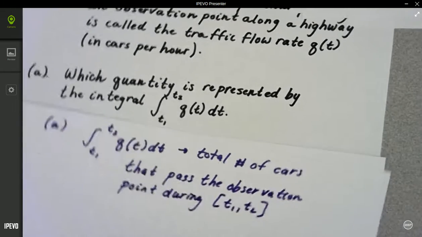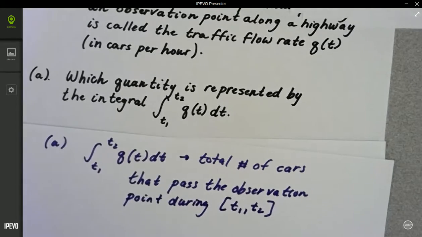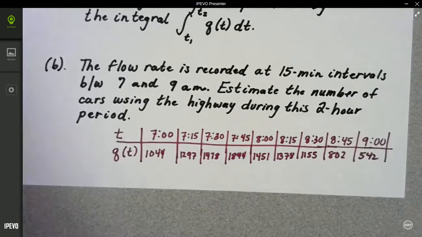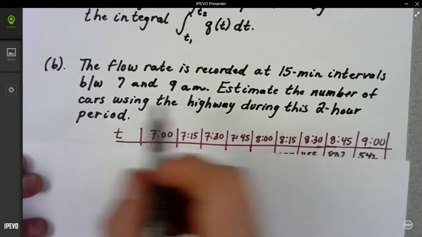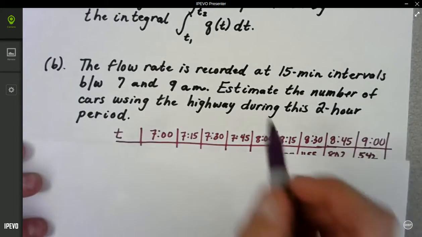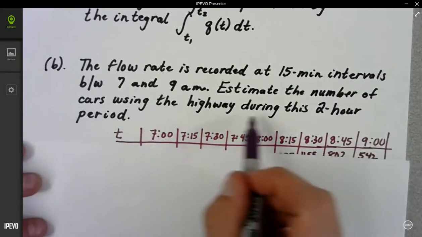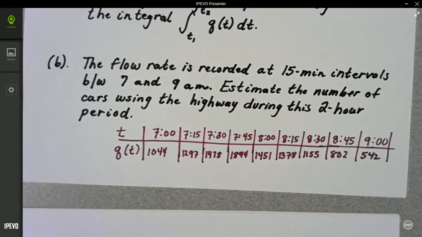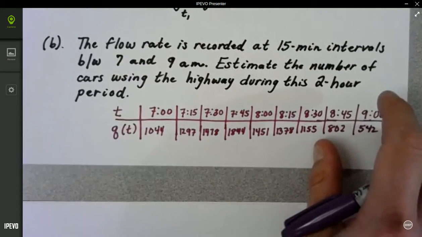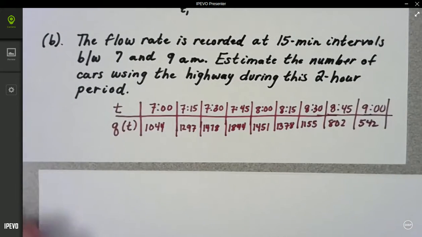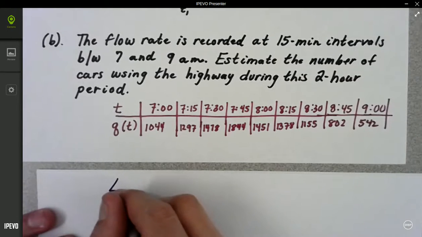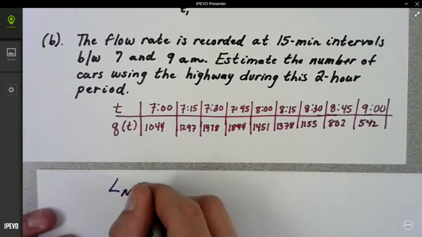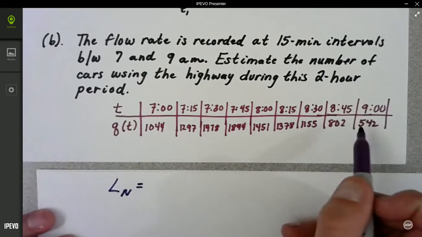Let's look at part B. Part B tells us that the flow rate is recorded at 15-minute intervals between 7 and 9 a.m. Estimate the number of cars using the highway during this 2-hour period. Here's our table. We're going to use a left and a right Riemann sum. The left sum includes all the values except the last one.